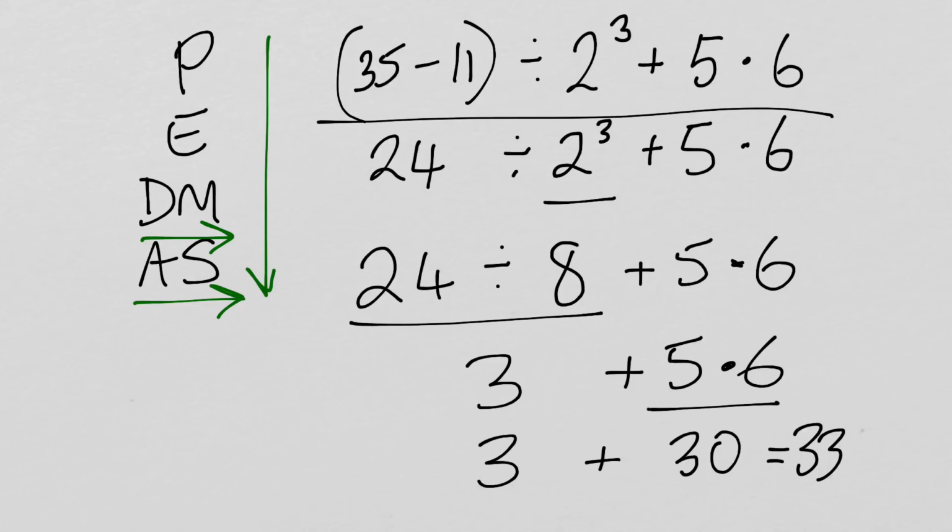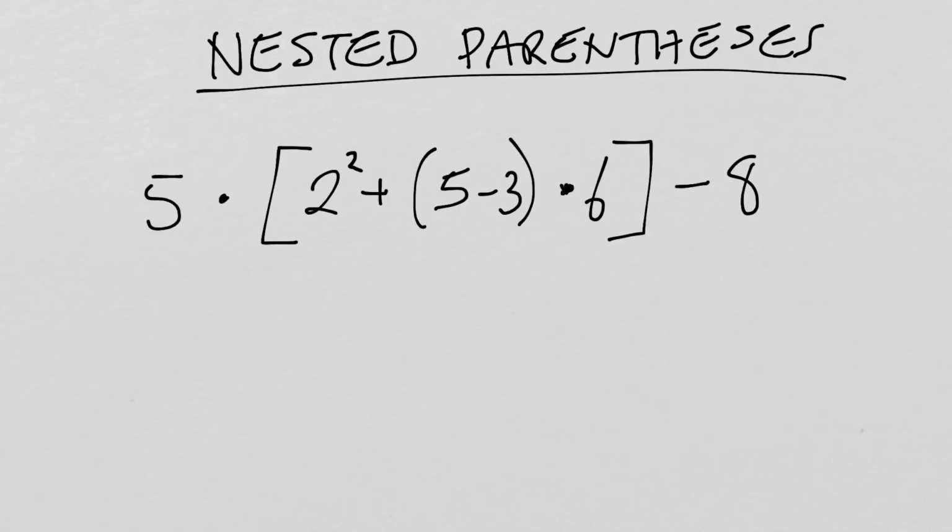But you can see that taking one step at a time, running through the order, you can get down to the simplified form. One other thing I want to talk about is nested parentheses. Nested means one parenthesis inside another parenthesis. So what I've got here is this set of parentheses, and it's inside this set of parentheses.